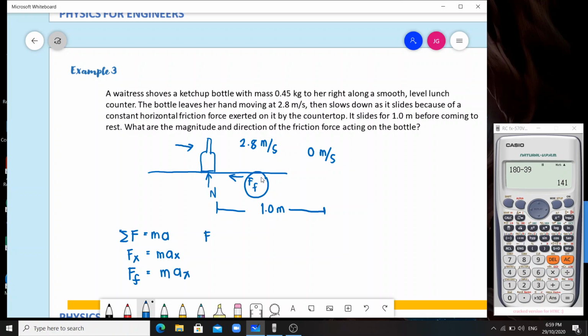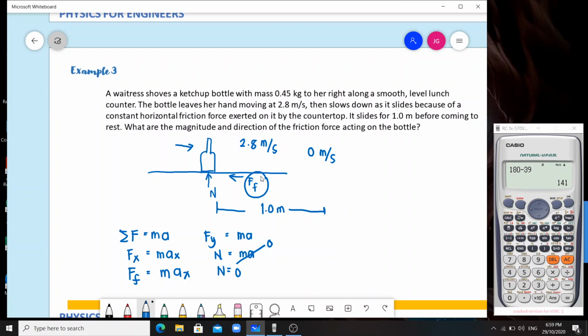Ang Fy natin is equals to MAy. Ang Fy natin dito is equals to N is equals to MAy. However, the bottle is not moving up and down. So, basically, ang acceleration natin here is 0. So, N is equals to 0. Okay? So, ayan.